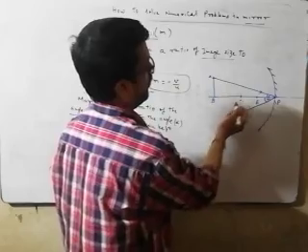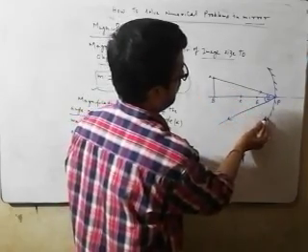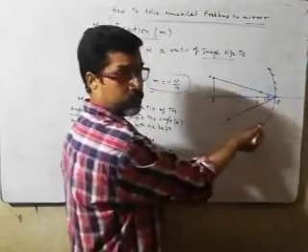The other light ray we take from center of curvature, and it will pass again through center of curvature.